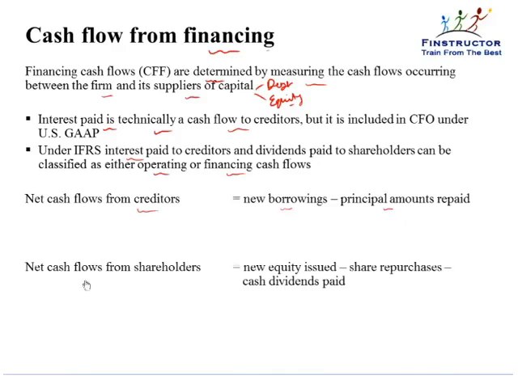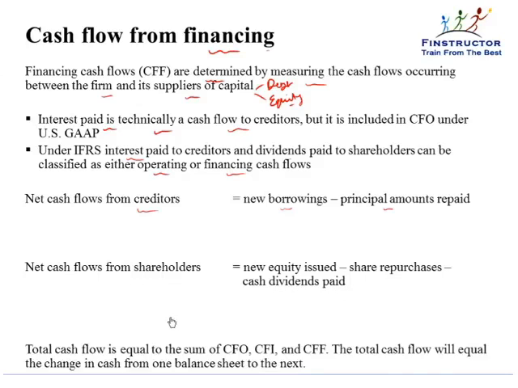Likewise, net cash flow from equity holders would be the new stock issued, which is an inflow, minus any money spent in repurchasing or reacquiring the shares, and minus the cash dividends paid. At the end of cash flow from financing, we will also verify that total cash flow, that is the sum of CFO, CFI and CFF, will equal the change in cash from one balance sheet to the next.